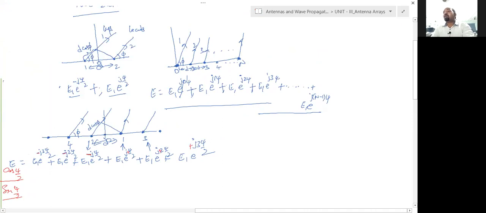But here, no need to write minus or plus, because all the elements are to the right hand side, and we are adding alpha, the progressive phase shift. So depending on alpha, if alpha is equal to pi, then you will get minus for this element, like that. So you can find the difference.